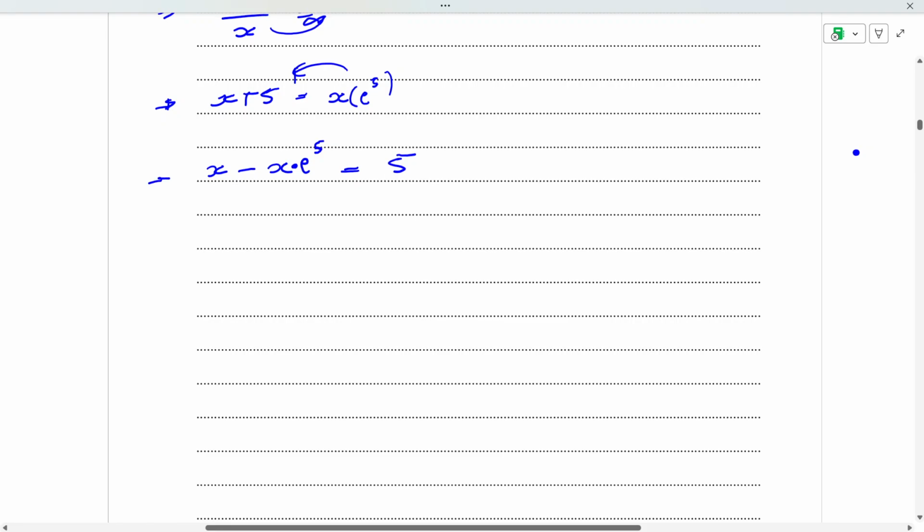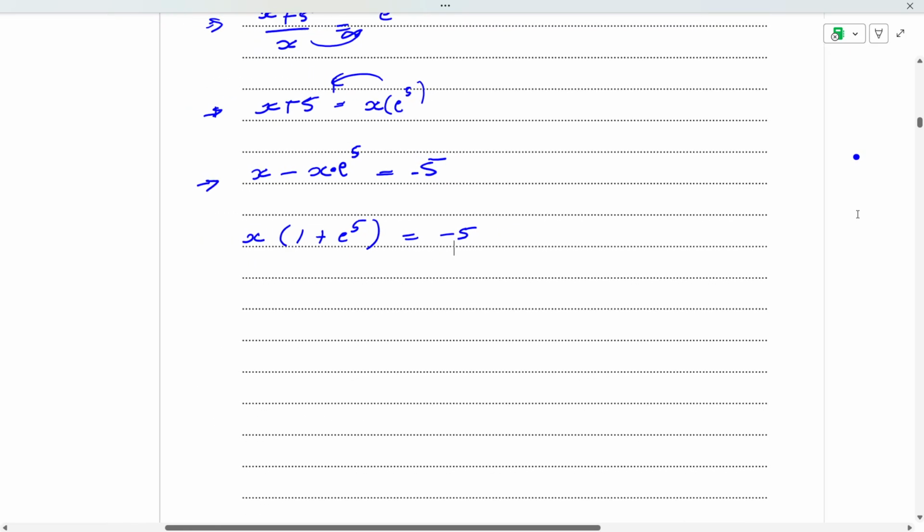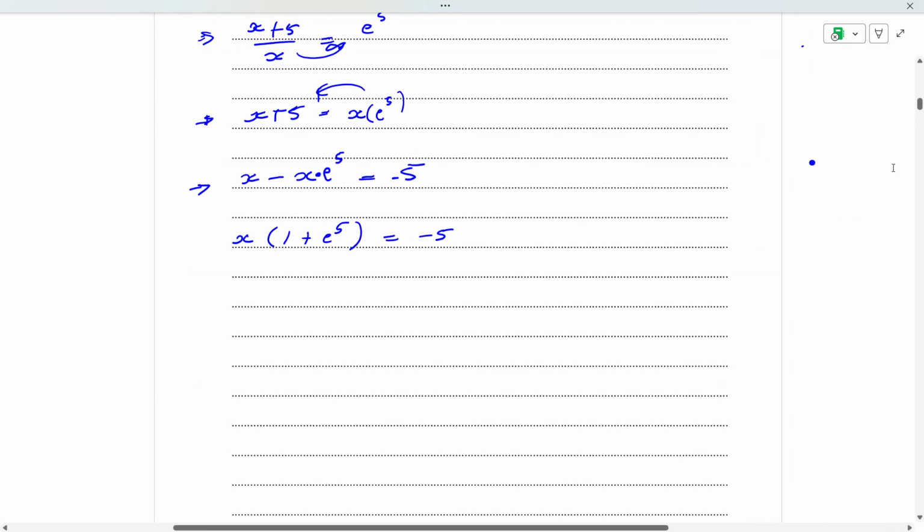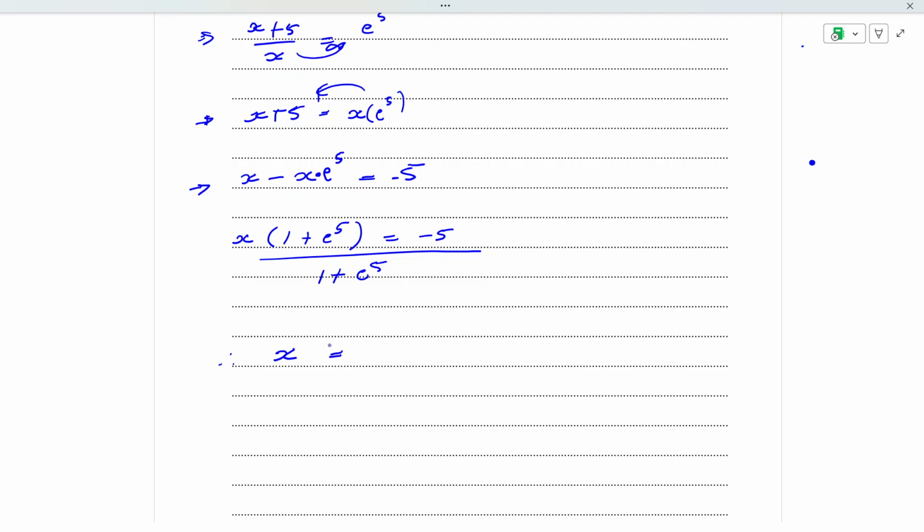Then you can factor out the x, and you'll be left with x times (1 minus e to the 5) is equal to negative 5. Then you can divide both sides by 1 minus e to the 5, and therefore your final answer will be x is equal to negative 5 over (1 minus e to the 5).